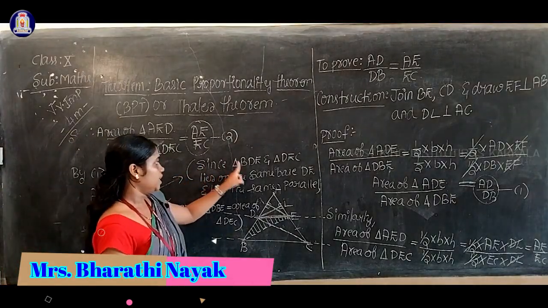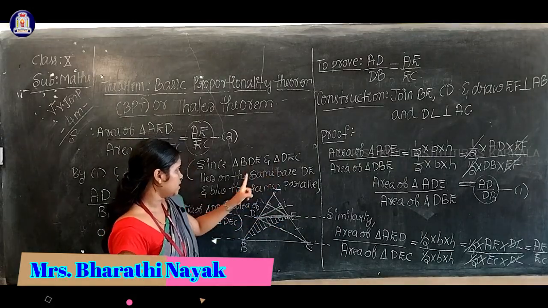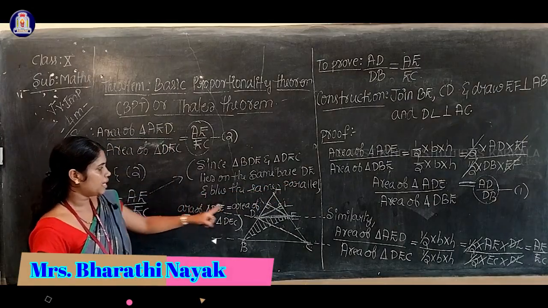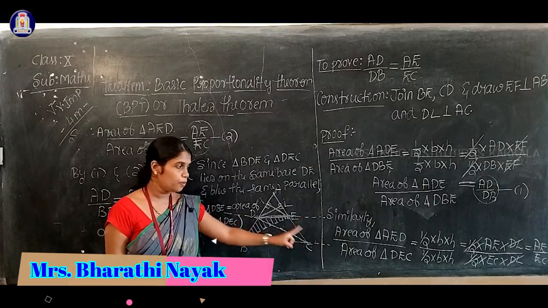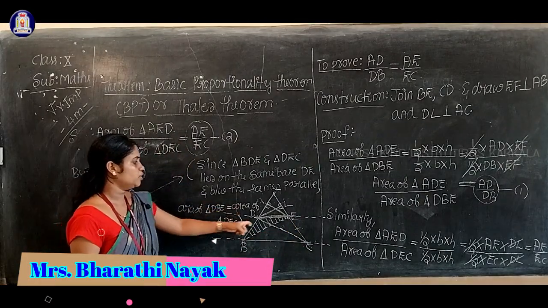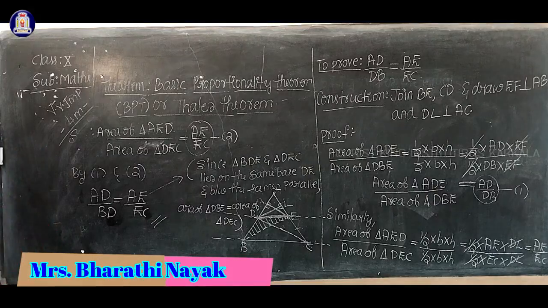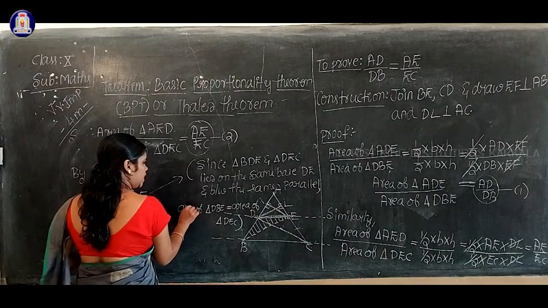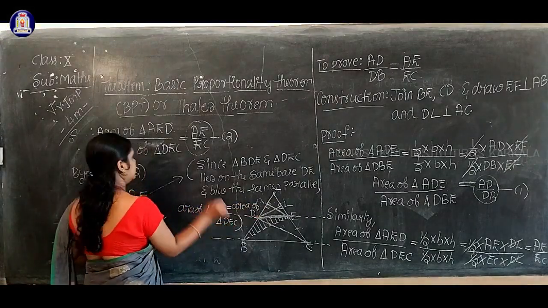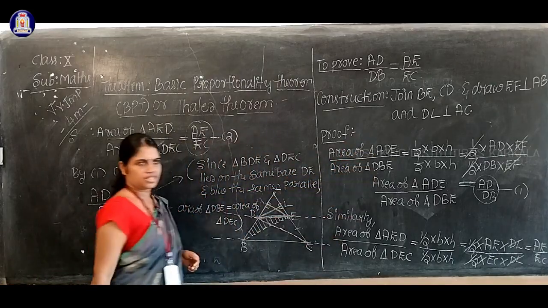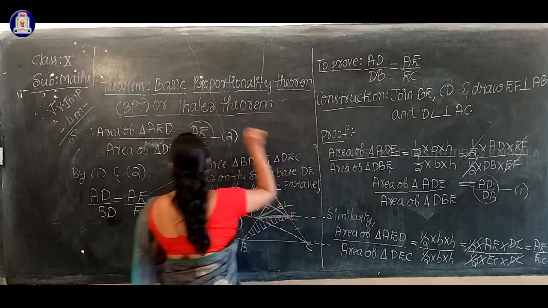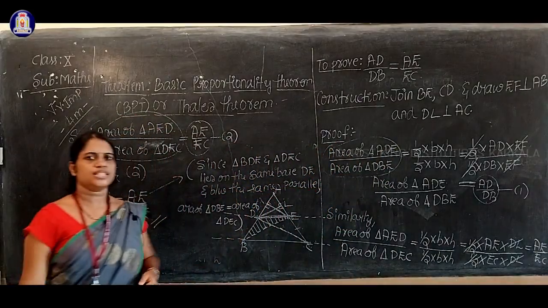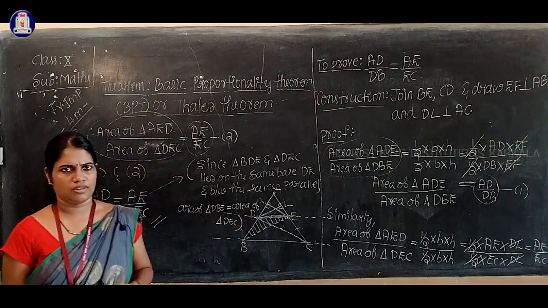Since these two triangles lie on the same base DE and between the same parallel, DE and BC, the areas of these two triangles are equal. So if I prove area of triangle DBE equal to area of triangle DEC, then the denominator is the same again. If the denominator is the same, the whole left hand side terms are equal, so the right hand sides are equal.